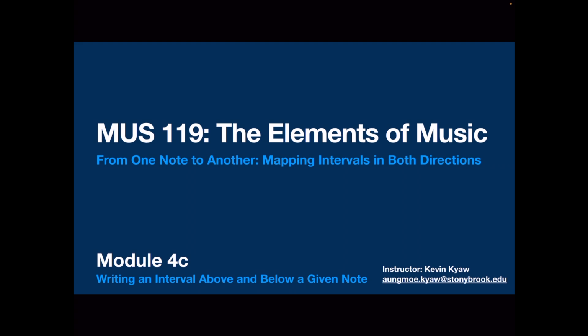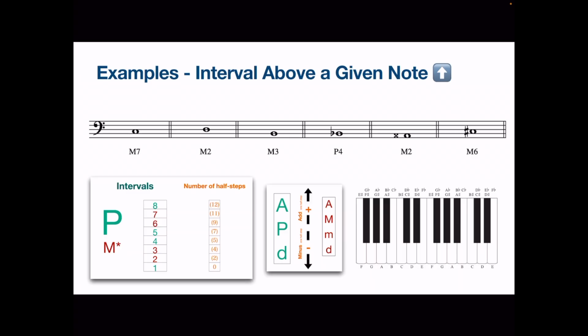Previously, we were given two random notes, and you learned how to write the exact quality and distance, both parts of the interval, and I think that was actually quite fun. So let's see if we can do the reverse this time. You're given a note, you're given the interval, and you have to write the second note. So let's get started.